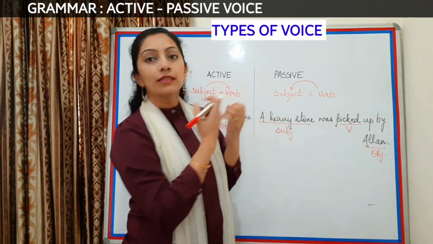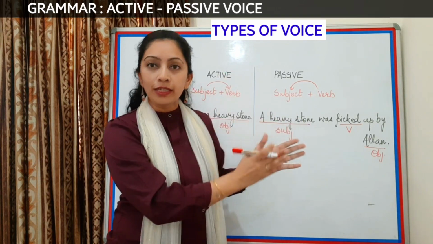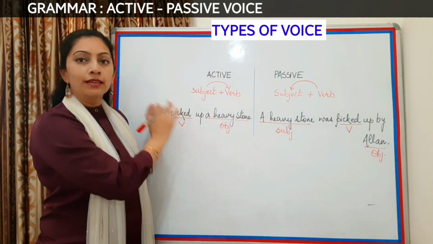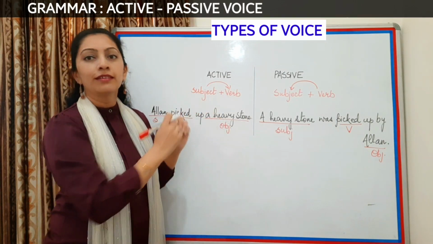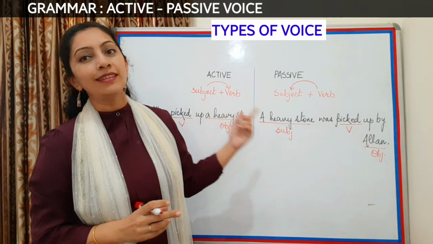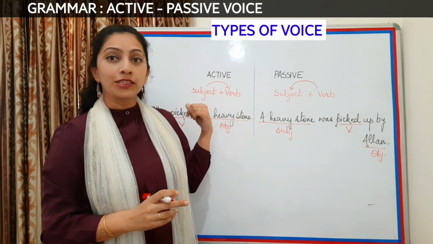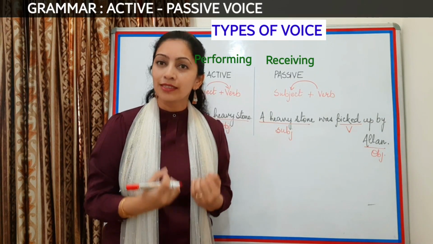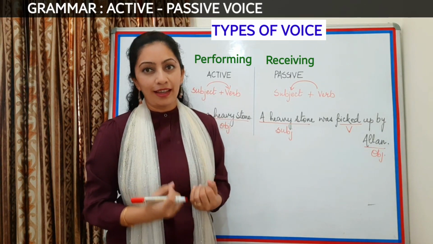The subject is receiving the action, so it was affected by the action. Whereas under active voice, the subject is performing the action. So that's the basic difference between active voice and passive voice. In active, the subject performs, whereas in passive voice, the subject receives the action.